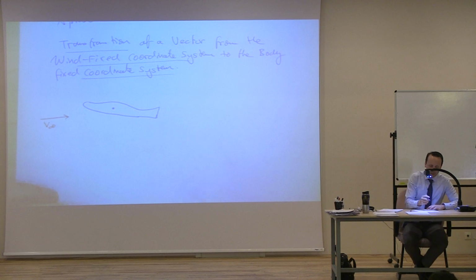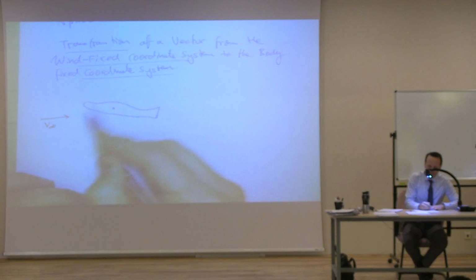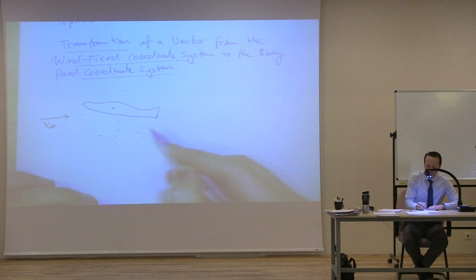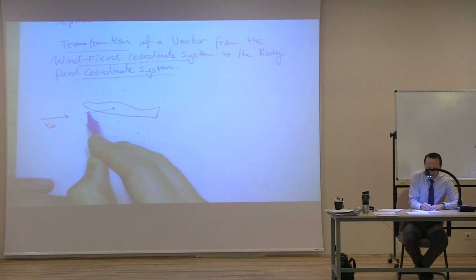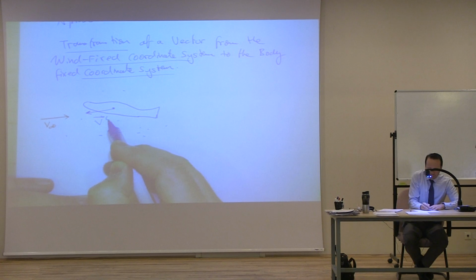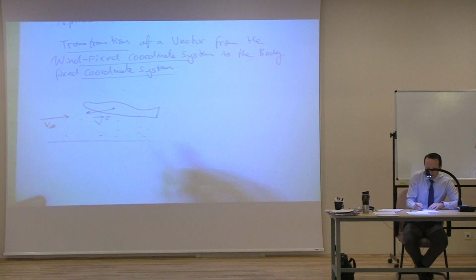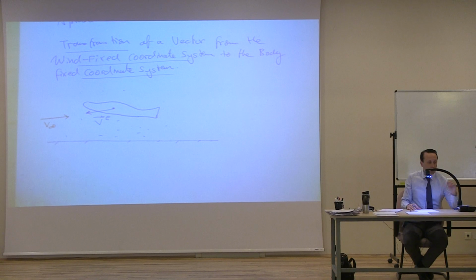So if the atmosphere is still, then the airplane is moving with this vector, which is the velocity of the aircraft with respect to Earth, thinking that the Earth and the atmosphere are one and the same, which means they are not moving relative to each other. In other words, there's no wind.